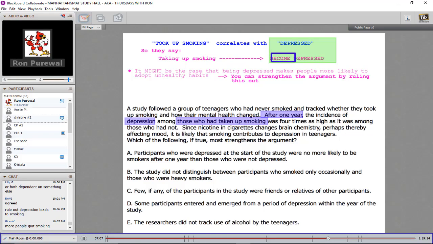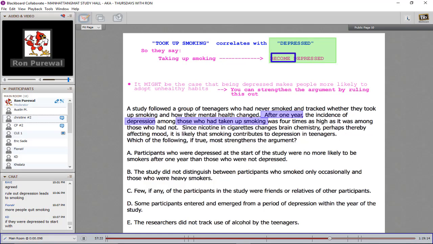So we're not looking at the quitters because the quitters are not relevant data points. They're looking at the people who started smoking within that year. And they're saying, okay, that tells me something about them actually turning into depressive people during that year. So the data themselves here have a problem, which is that we don't know that this represents anything that actually happened during that year.